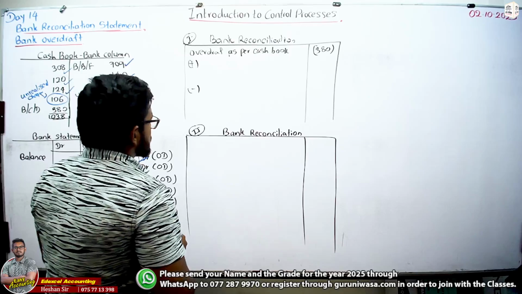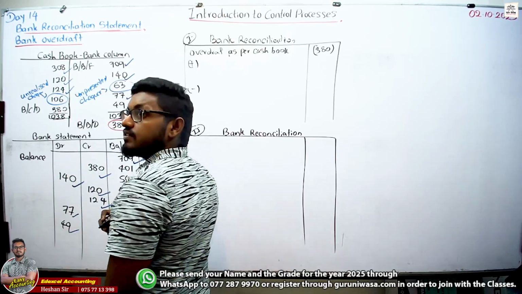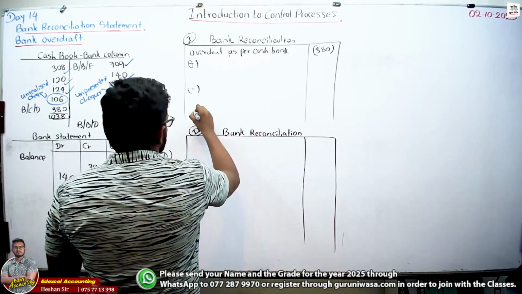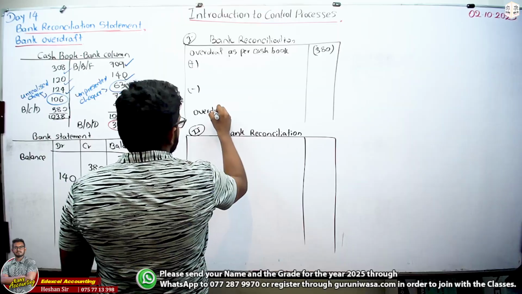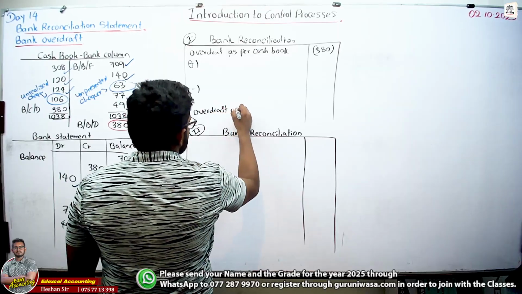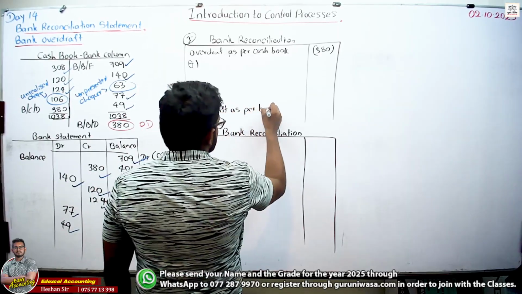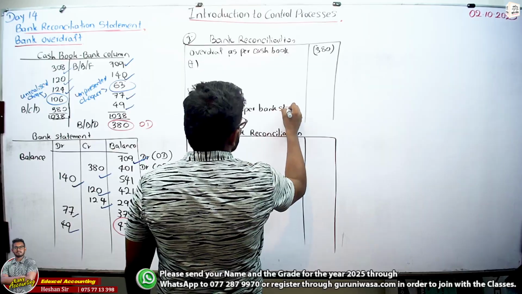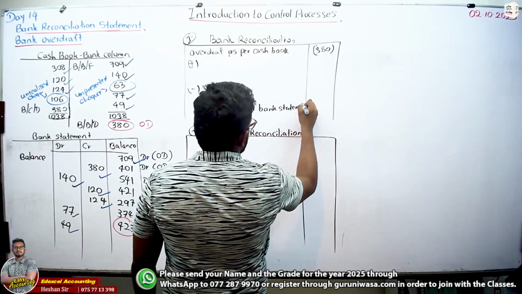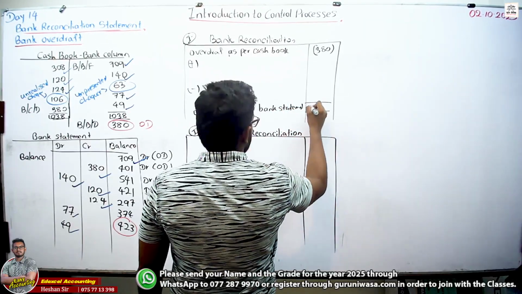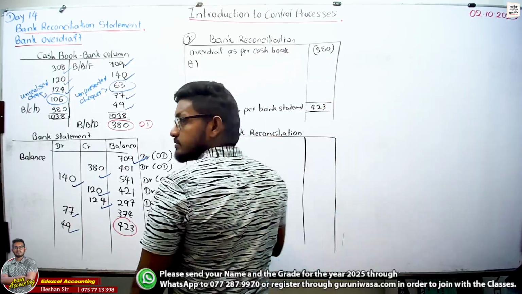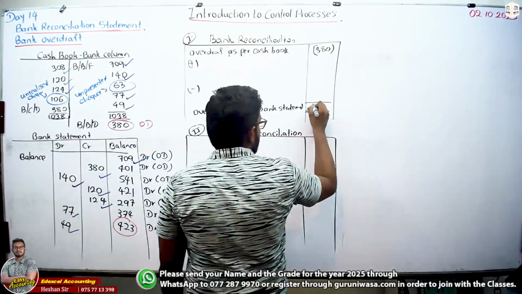Right? So then here we are taking the overdraft as per bank statement. Our final answer should be 423. This also should be minus.